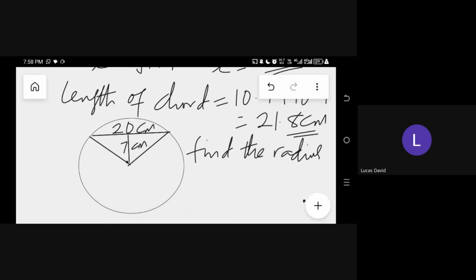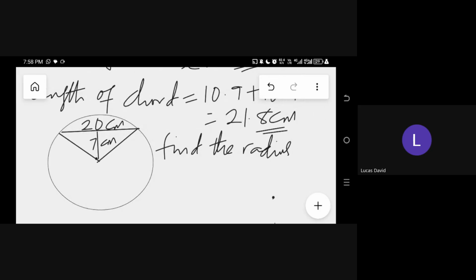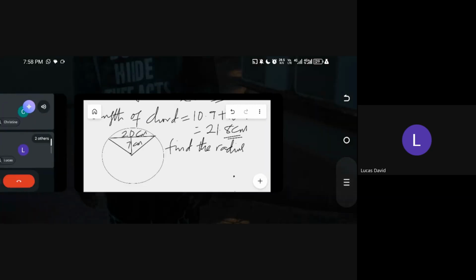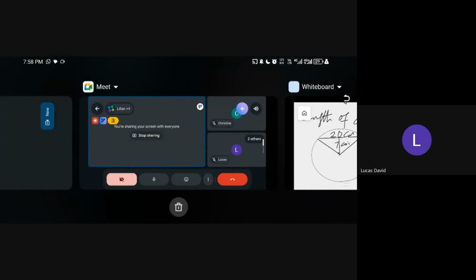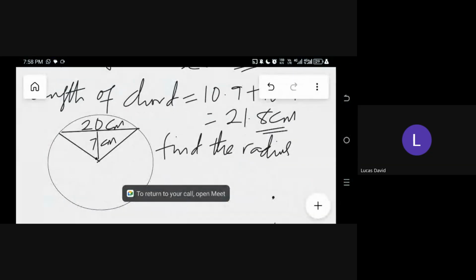This question here is for Winner. Then Lucas, you're next. Winner, have you gotten your question? I have to go out from that page. Okay, so I'm leaving that page.